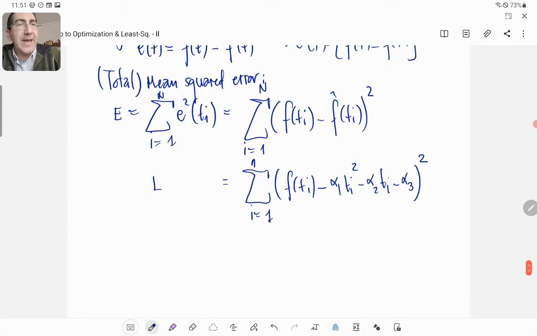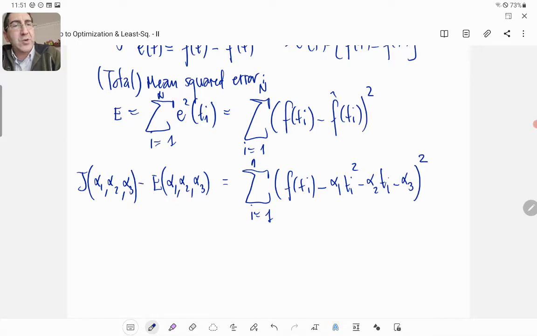So we have E of alpha 1, alpha 2, alpha 3, which is also equal to J of alpha 1, alpha 2, alpha 3. Our objective function is nothing but the mean squared error function, which is given by this summation.